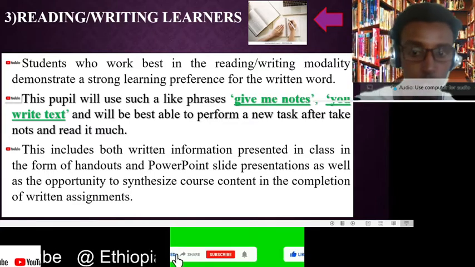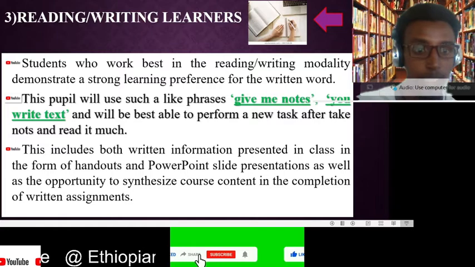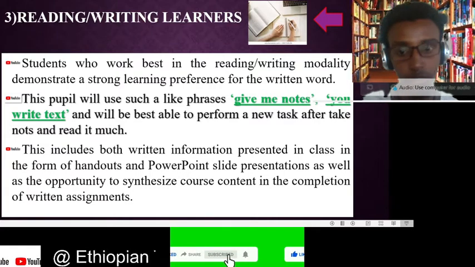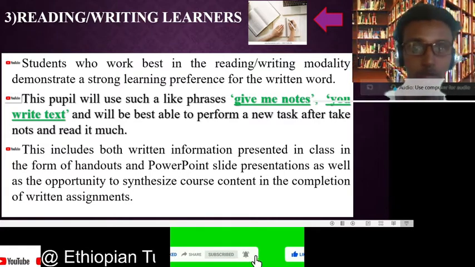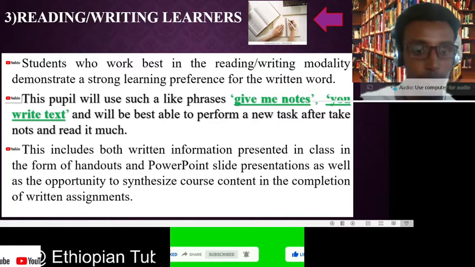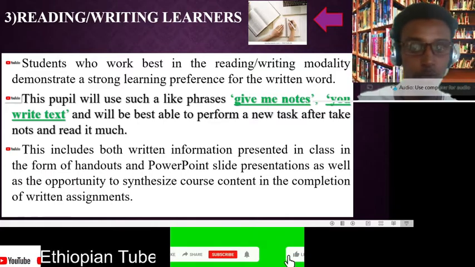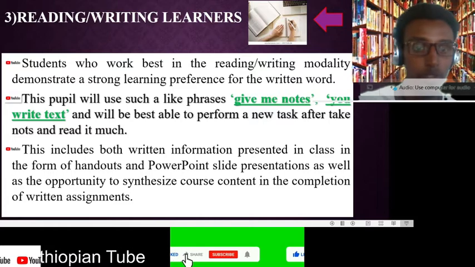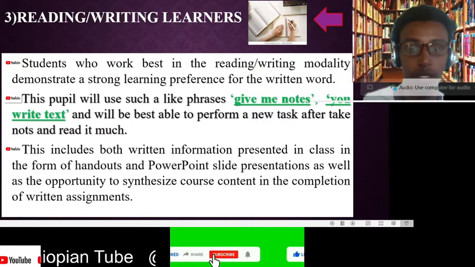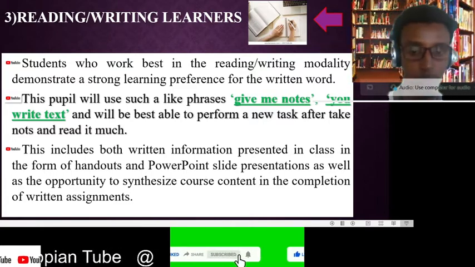This includes both written information presented in class in the form of handouts and PowerPoint slides, like I present to you, as well as the opportunity to synthesize course content in the completion of written assignments in their classroom.